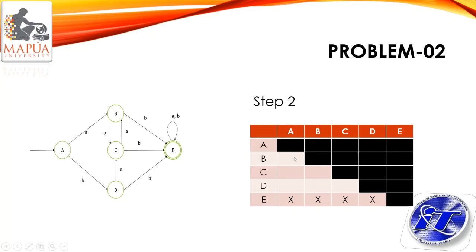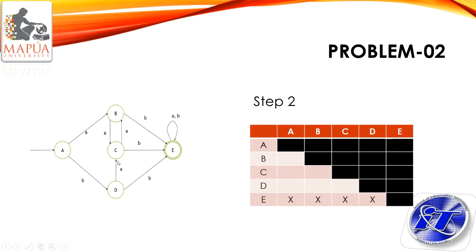BA non-final both, CA non-final, BC non-final both, AD non-final, BD non-final, CD non-final, but for AE non-final and final, so let's mark it. BE, non-final and final, so mark it.